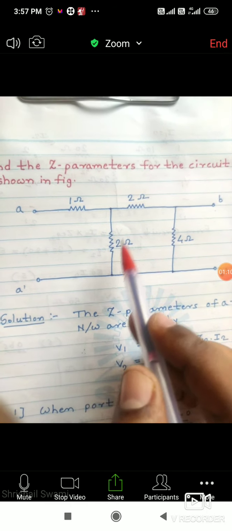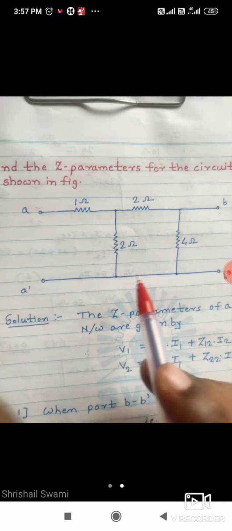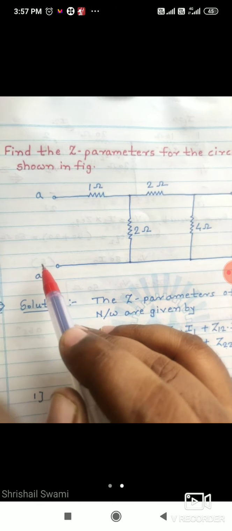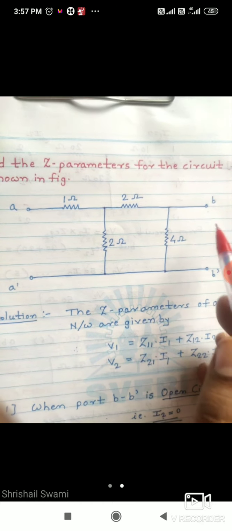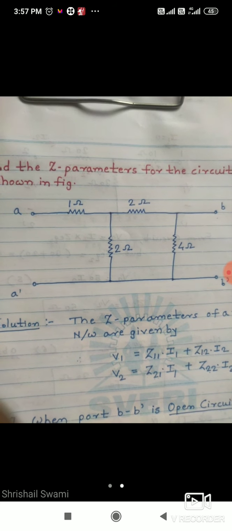So 1 ohm, 2 ohm, 2 ohm, and 4 ohm. These are connected. They have given the names A dash, B dash for the port names. So you can take it as it is. So complete the diagram.